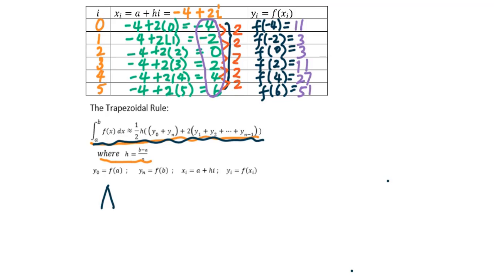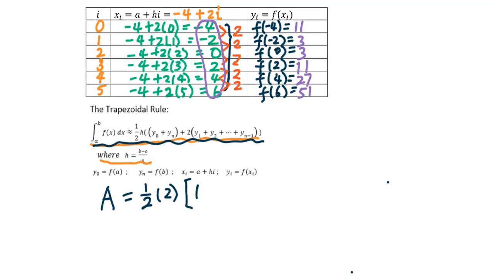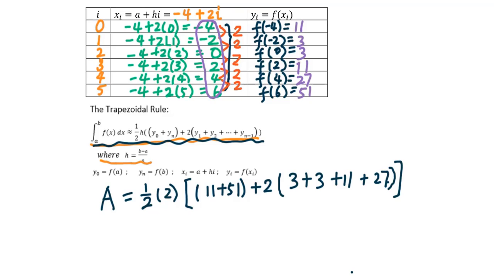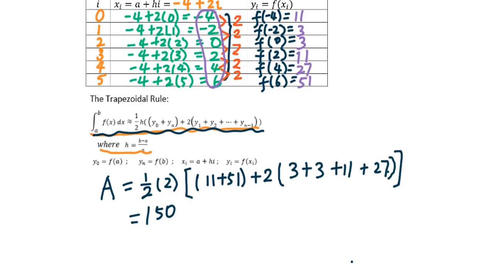So the estimation of the definite integral, or the area under the curve, equals 1/2 times h, which is 2, times y0 plus y sub n, which is 11 plus 51, then plus 2 times (3 plus 3 plus 11 plus 27). Then you put it into the graphing calculator, and you will get 150 as the answer.